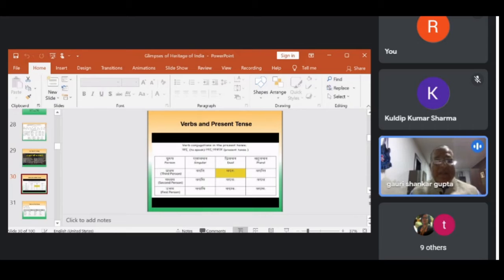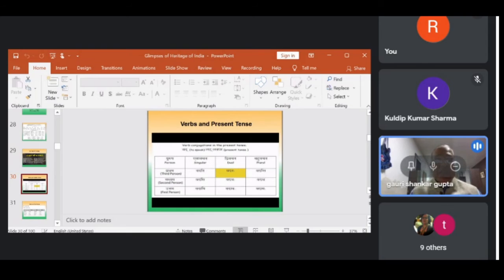And there are three persons, the first person, second person and third person. In Sanskrit, the third person is called pratham purush, the second person is called madhyam purush, and the self is called uttam purush.